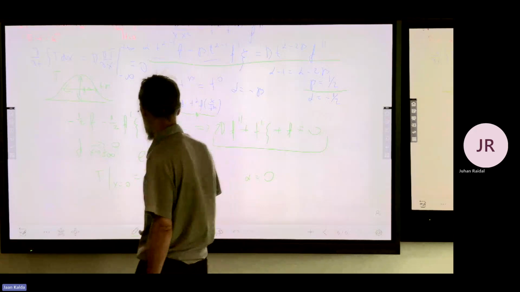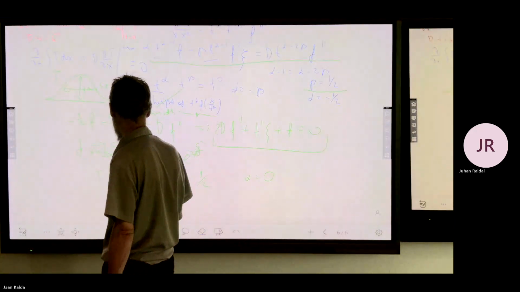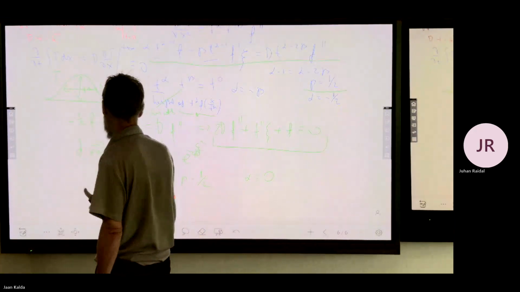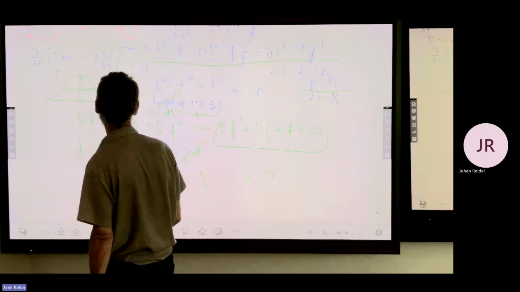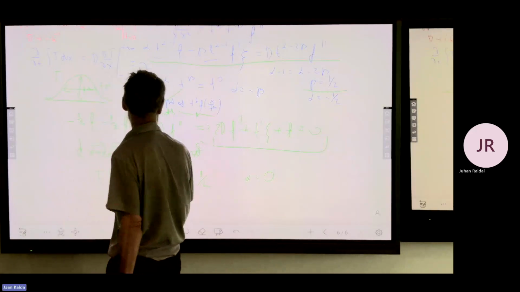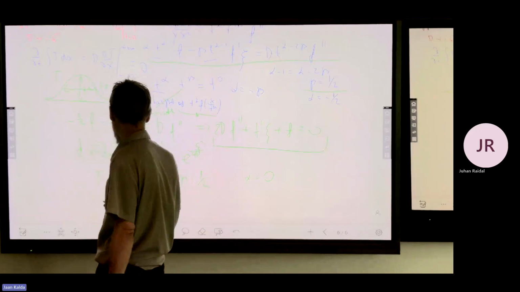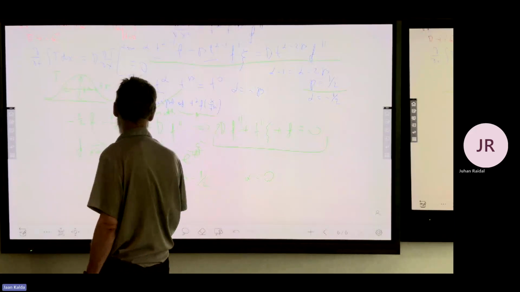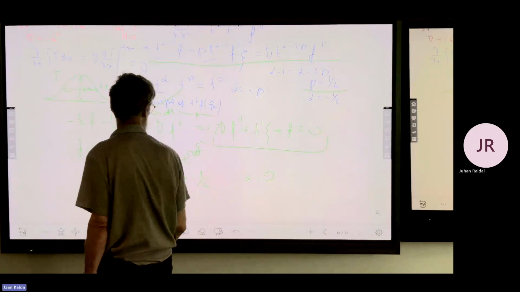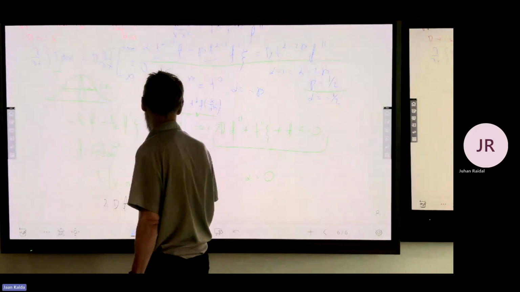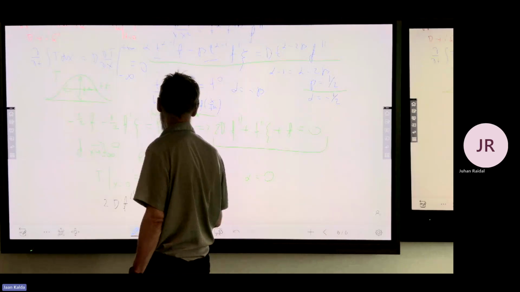So now we have 2d f double derivative plus f derivative times psi equal to 0.